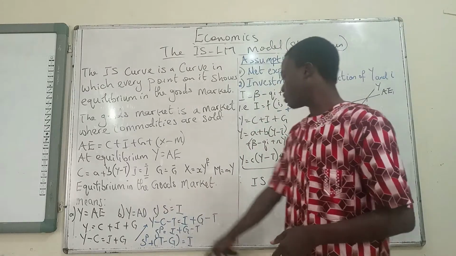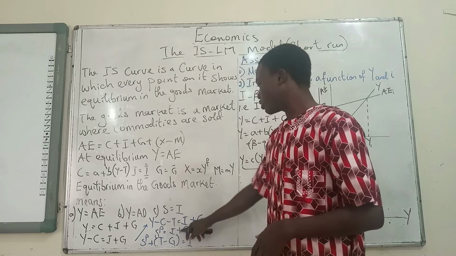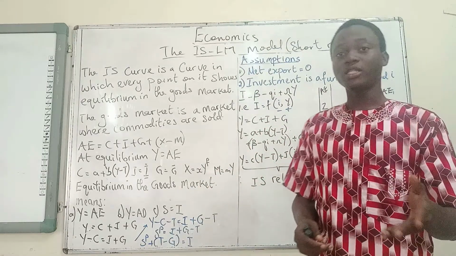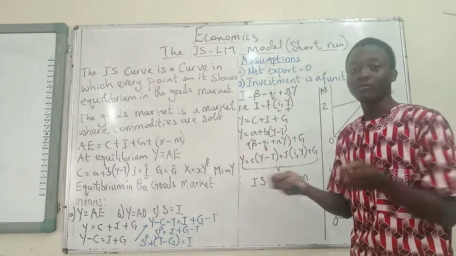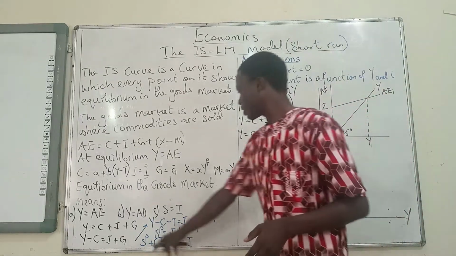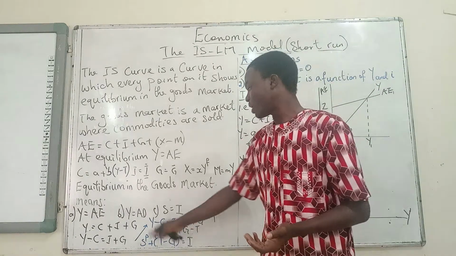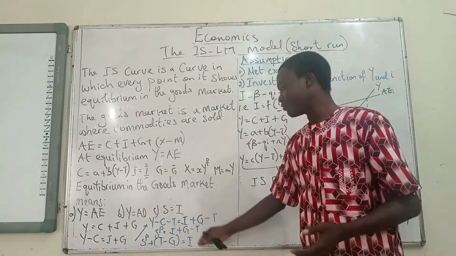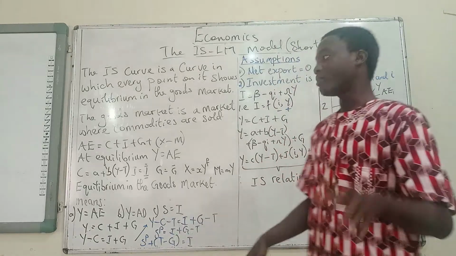This is a minus T here, so it becomes a plus T. Then plus G becomes a minus G. So T minus G, that is tax revenue minus government spending, will give us the government saving, what government is basically saving if the value is not zero. So private saving plus government saving equals investment. Private saving plus government saving gives us national saving, and national saving equals investment. So savings equals investment, which is what we have here. So don't let that bother you.